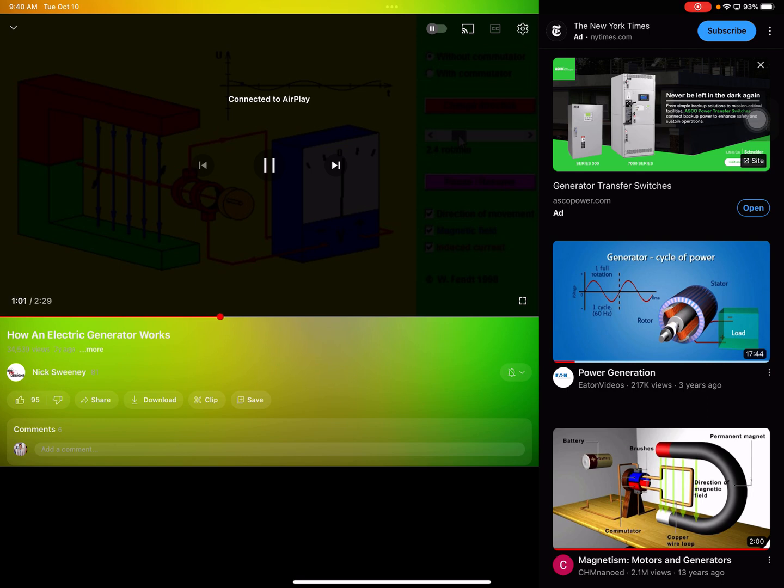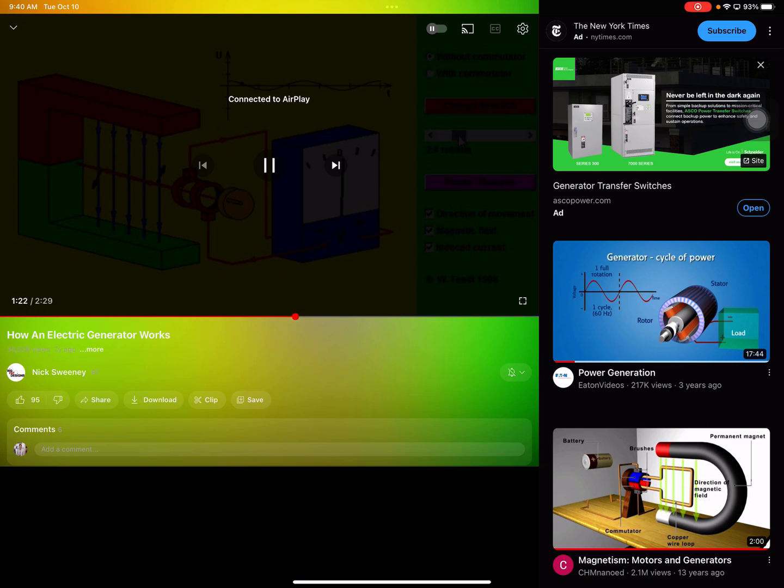The way this thing works, you've seen this plenty of times. Here, these guys are magnets. You turn this wire between the magnets, and the energy you put in is being converted to electricity. So it's a matter of figuring out how to turn that wire.